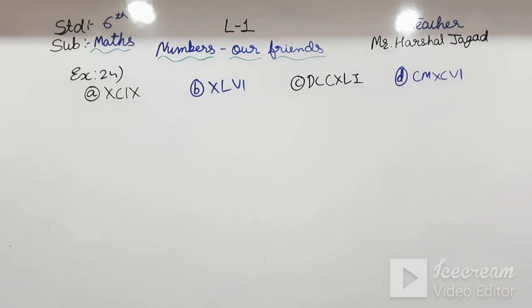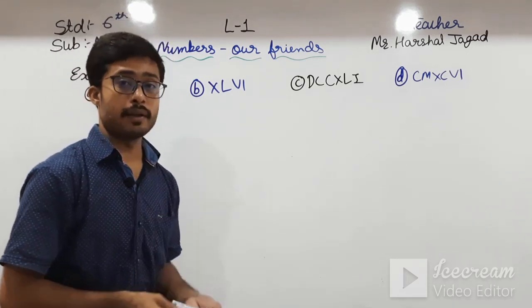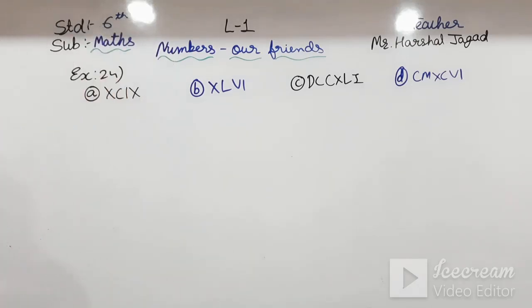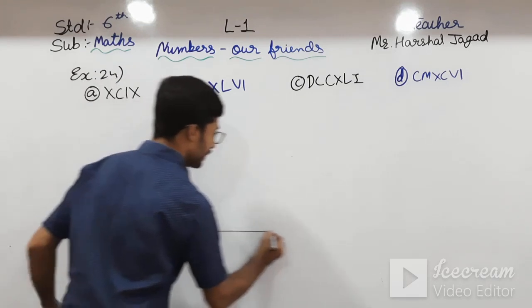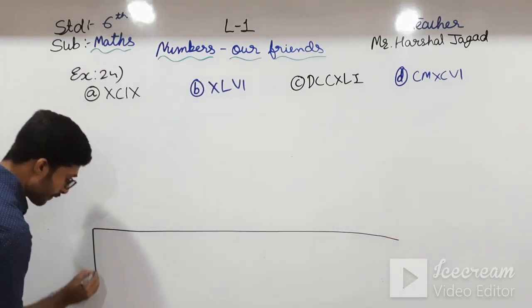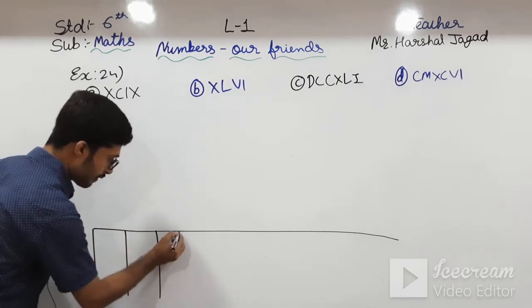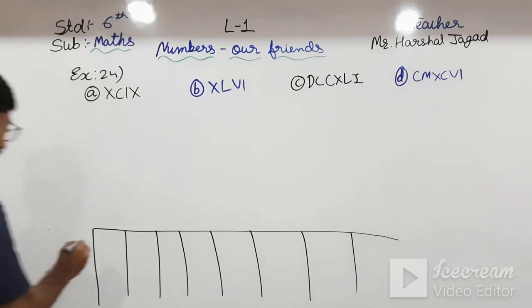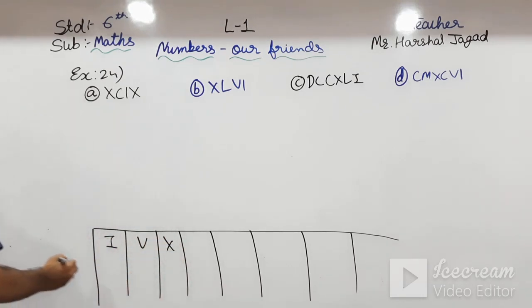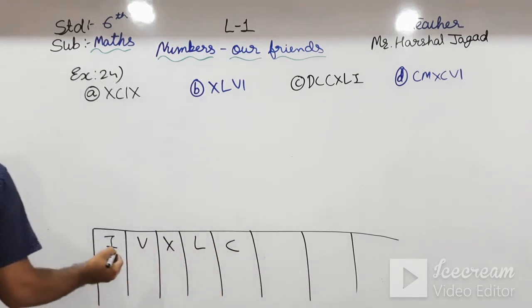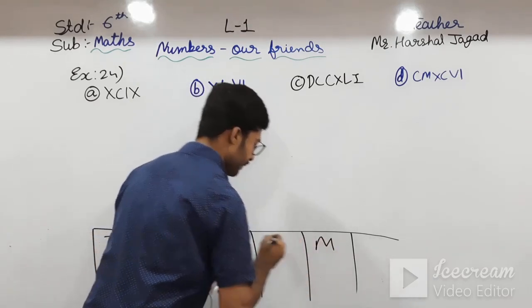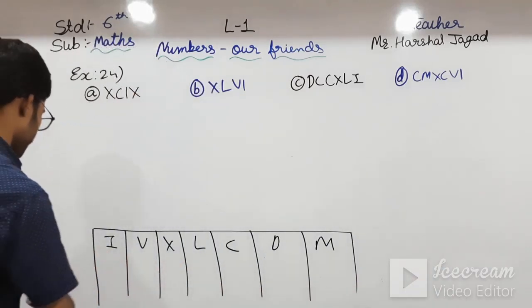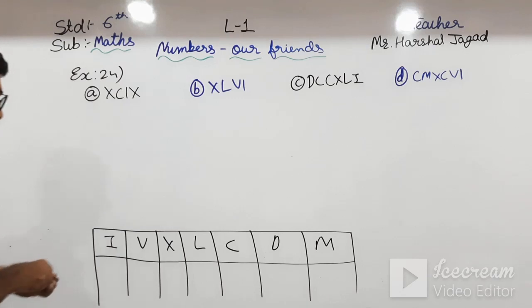First of all, I forgot to make a table. So first of all we make the table of the Roman symbols. Here are I, V, X, L, C, D, M. What is the value of I?